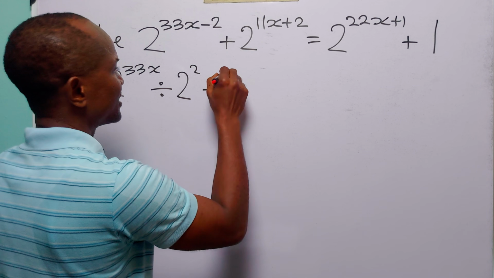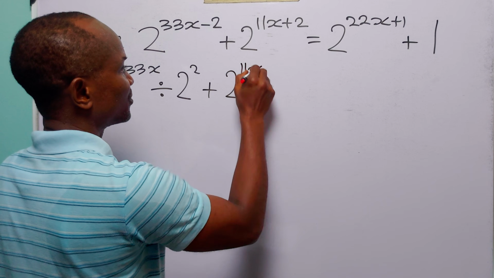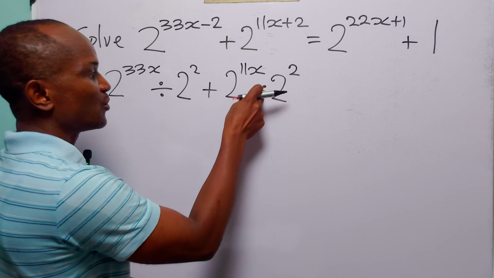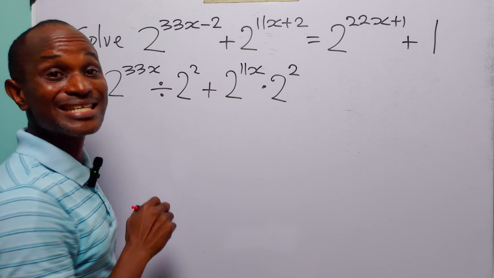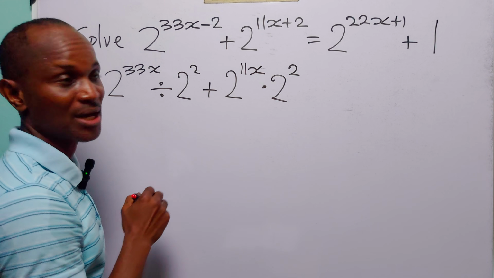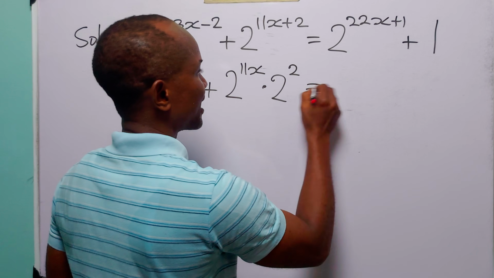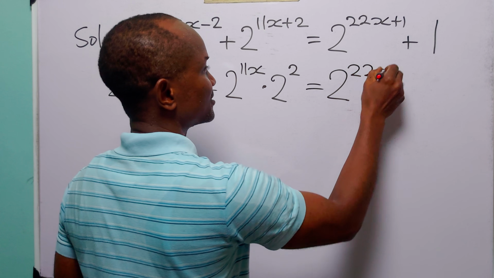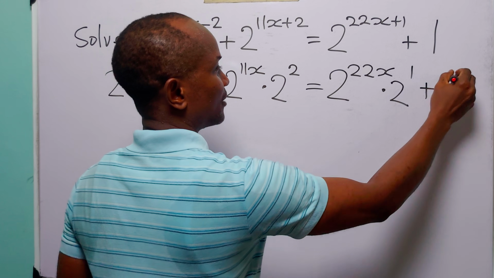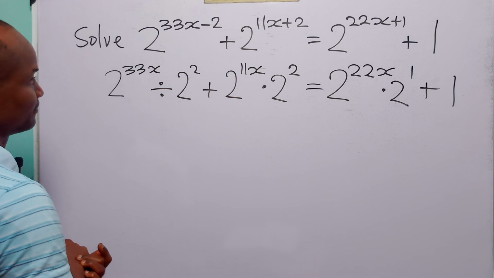In this case, we can write this as 2 to the power 11x multiplied by 2 squared. Because when we multiply two numbers with the same base, all we have to do is add their exponents. In the same way, we can write this as 2 to the power 22x times 2 to the power 1. Then we have plus 1.